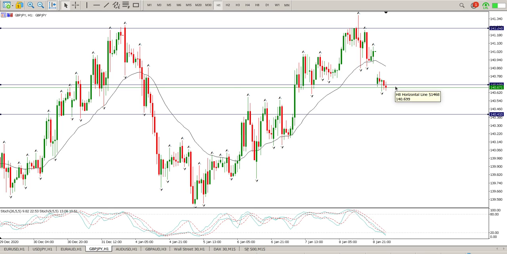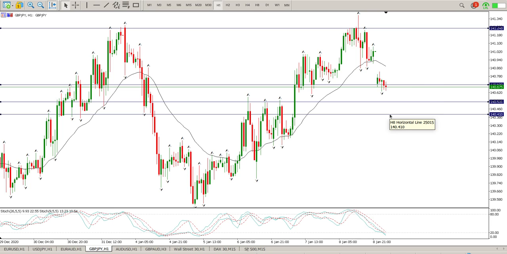So that's a very distinct possibility. What may also happen is we drop into this area here. So areas I'm looking to buy off are 147.00, the next level would be 145.30, and then a bigger level being 144.00. That is what I'm busy looking at here.